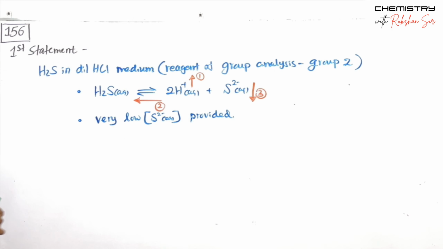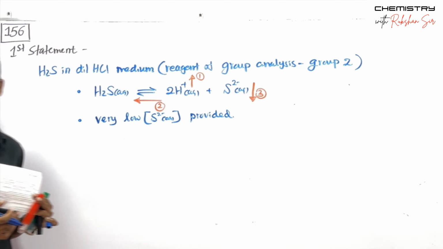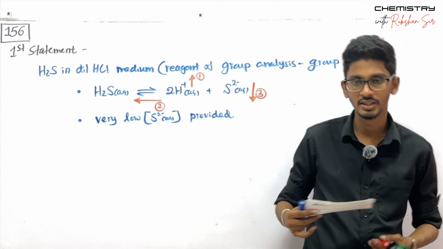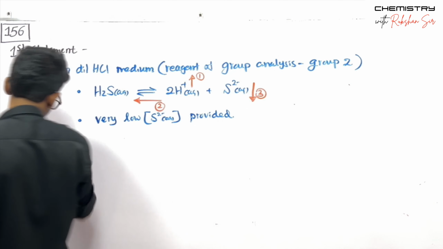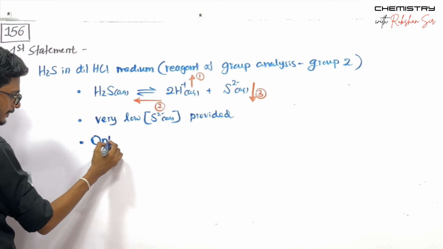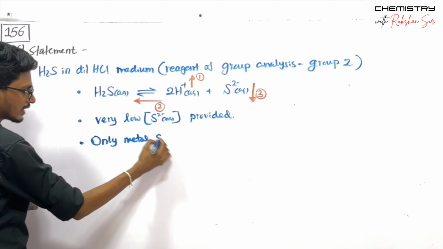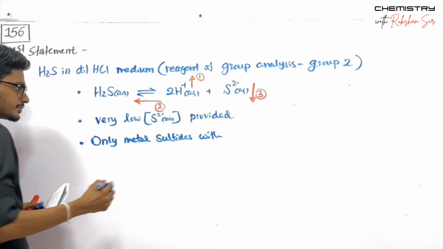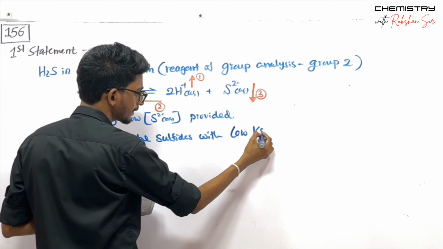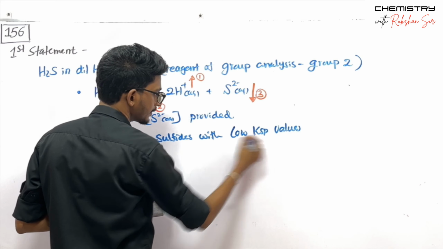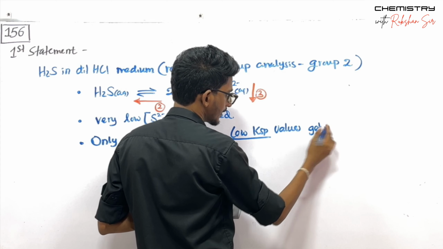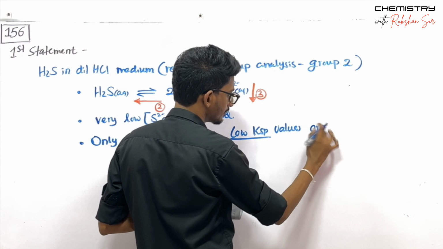With a very low concentration of sulfide ions, only the metal sulfides with very low Ksp values can get precipitated. Only metal sulfides with low Ksp values are able to precipitate.